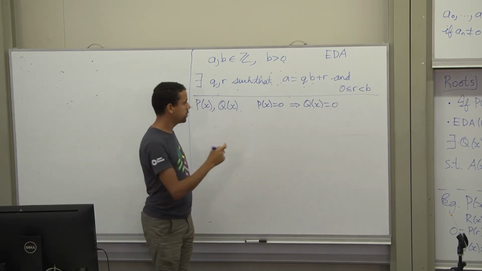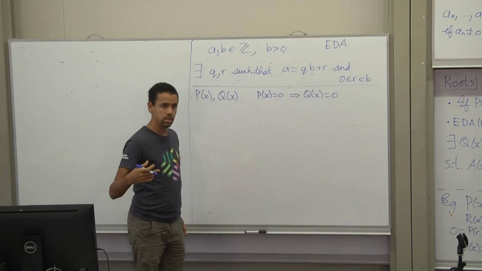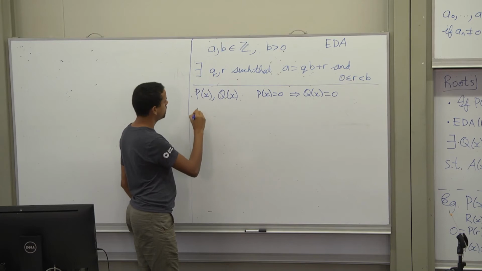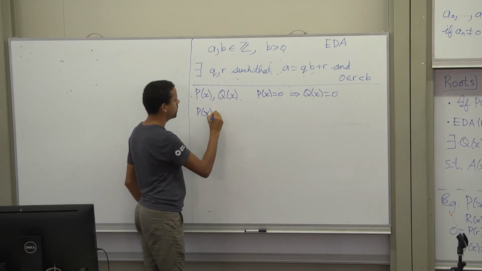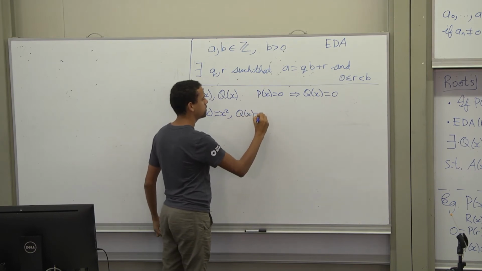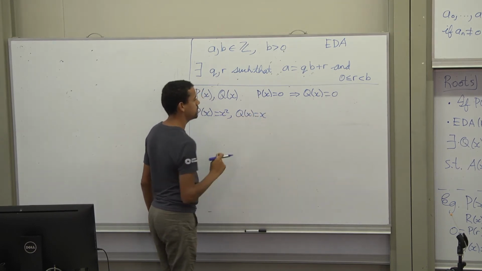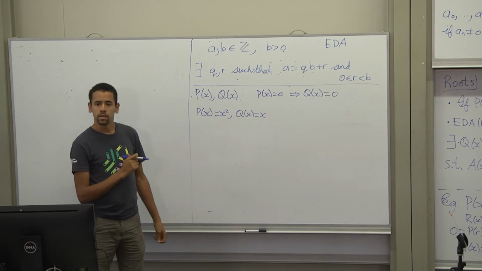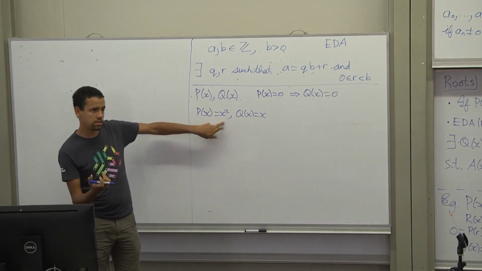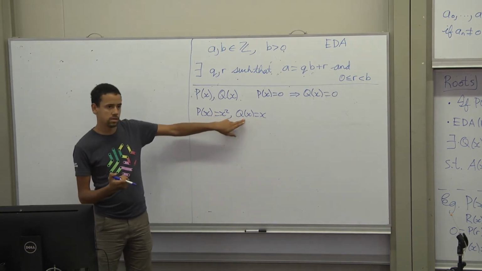Well, one example where that implication doesn't work is if p of x is x squared and q of x is the identity polynomial x. So here, if p of x is 0, then x squared is 0, which means x is equal to 0, which means q of x is 0.